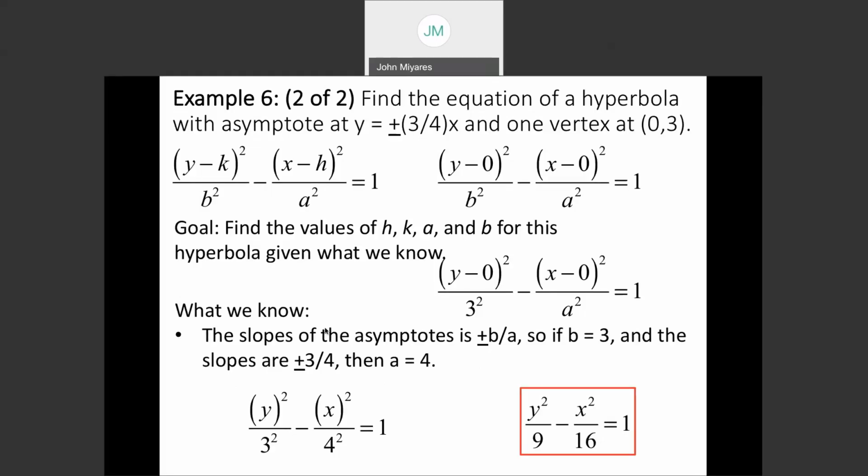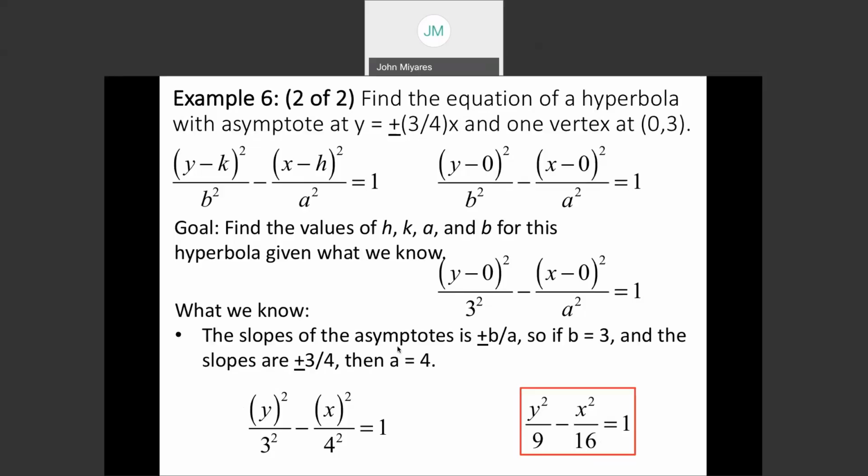Now, something that I want to point out here real quick. If we had the vertex at the point (0, 6) instead of the point (0, 3), but still had to find an a value, knowing that the slope of the asymptote is 3/4, then we could use proportions or equivalent fractions to figure out what the value of a should be.